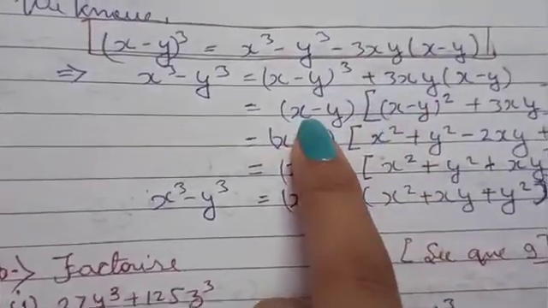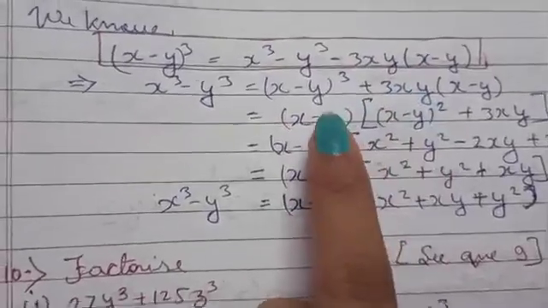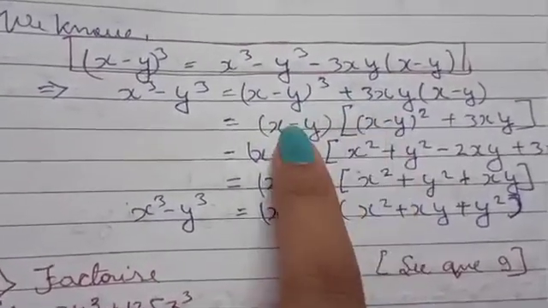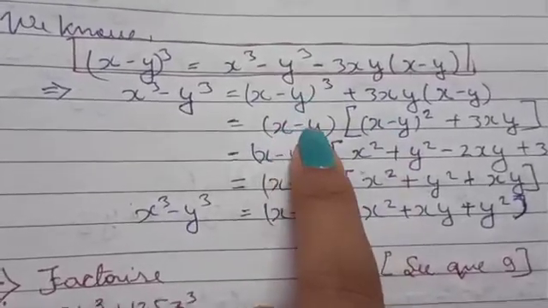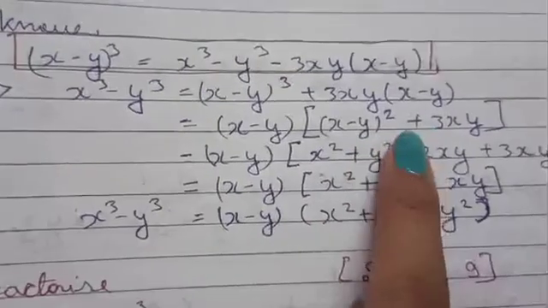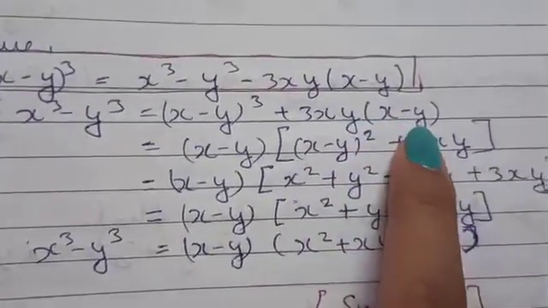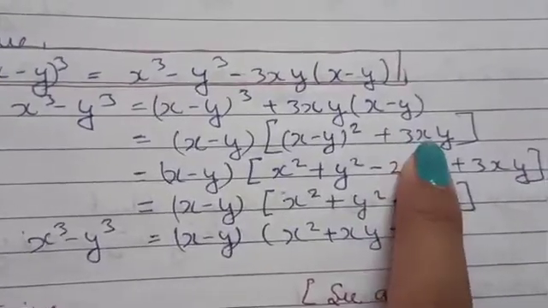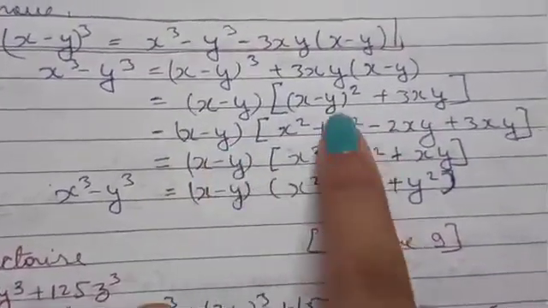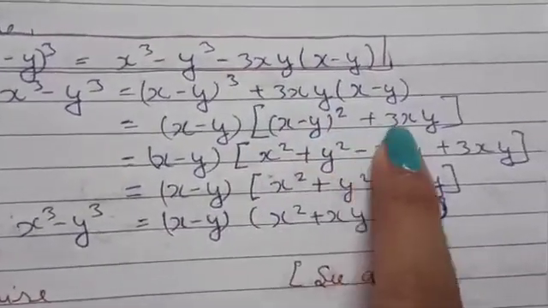What will be remaining? It was cube, it will become square because one x minus y we are taking out. So x minus y square plus, from here we have taken out x minus y, so remaining is 3xy. So x minus y in bracket x minus y whole square plus 3xy we have here.